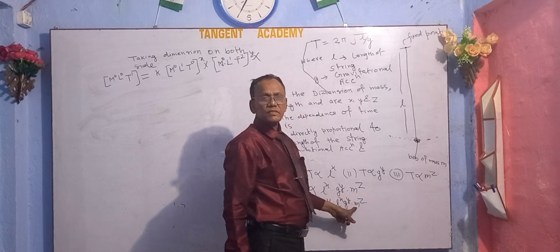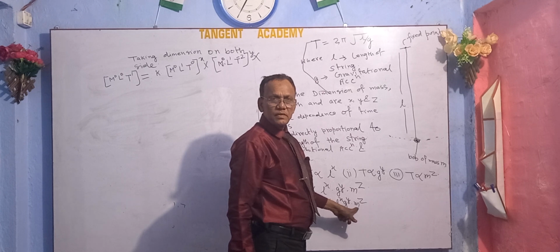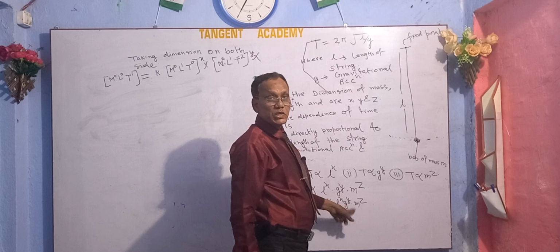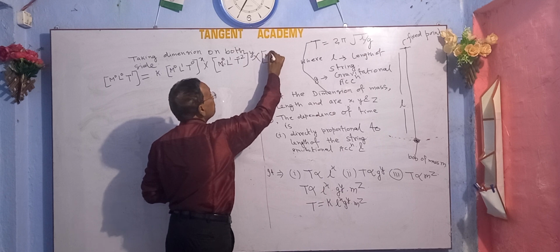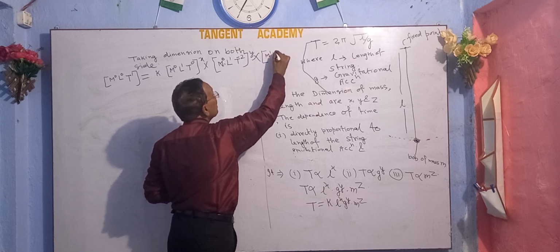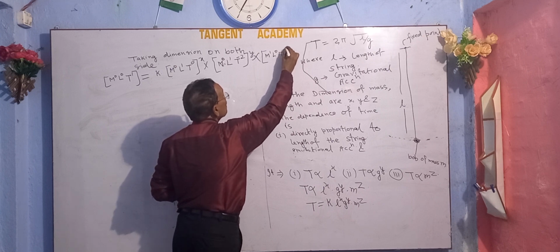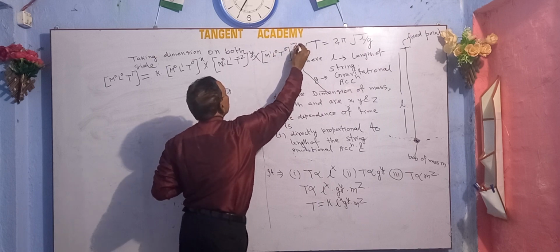Mass has 1 dimension, M, and 0 dimension in length and 0 dimension in time, to the power z.